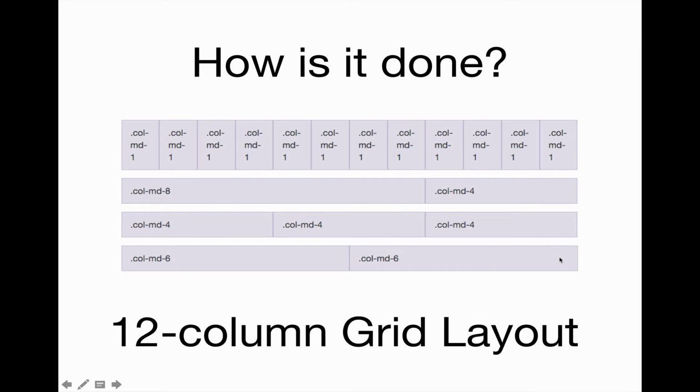How's it done? The way Bootstrap works is that it defines CSS classes that specify the width and size and shape and color of your columns. Here you notice we have .col-md-1. That defines a column of size 1, and MD is medium, but what that is really referring to is that it's primarily designed for desktop applications.